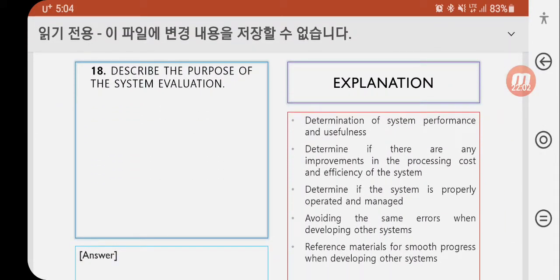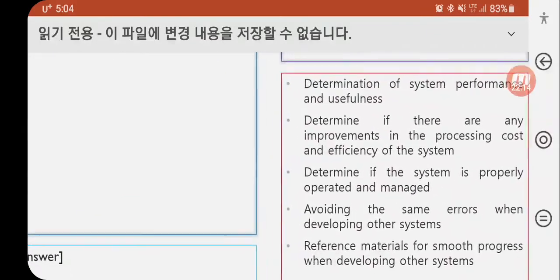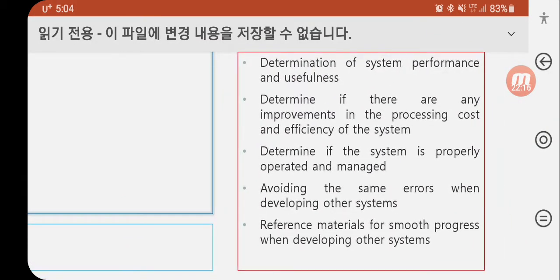Yeah, the purpose of the system evaluation is, describing such as right hand side, determination of the system performance and usefulness. Determine if there are any improvements in the processing cost and efficiency of the system. Determine if the system is properly operated and managed.